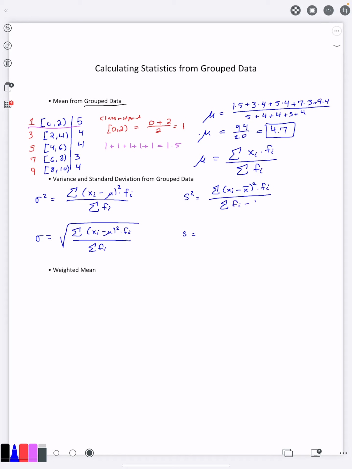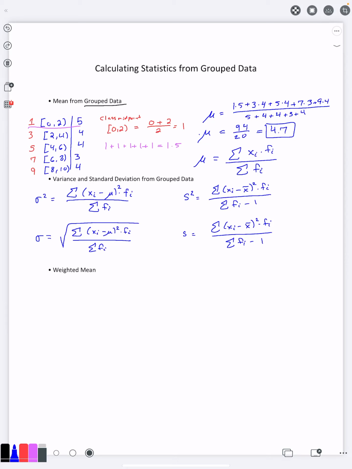There is one small change: when you add up all the frequencies, that's your sample size, and we have to subtract 1 from that, like we had the n-1 in the previous formula. Again, don't bother trying to memorize these formulas. I'm just showing you them here for completeness' sake, but we will use our calculator to do all the hard calculations for these.